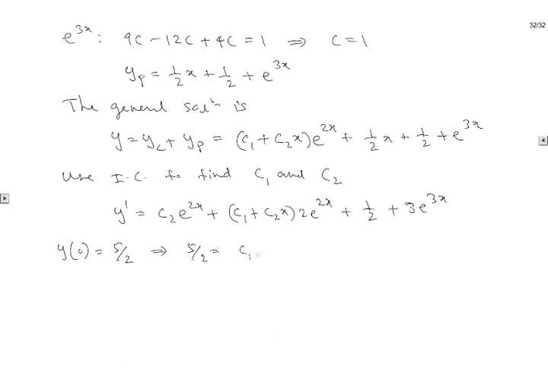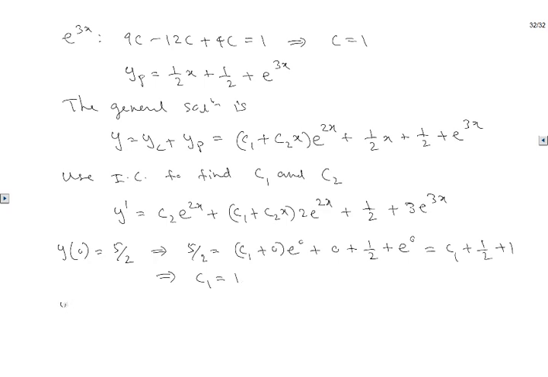So we're going to get c1 plus 0 times e to the 0 plus 1/2 e to the 0. You can see that you can solve for c1. What do you get? This is simply equal to c1 plus 1/2 plus 1. So this says that c1 is simply 1.